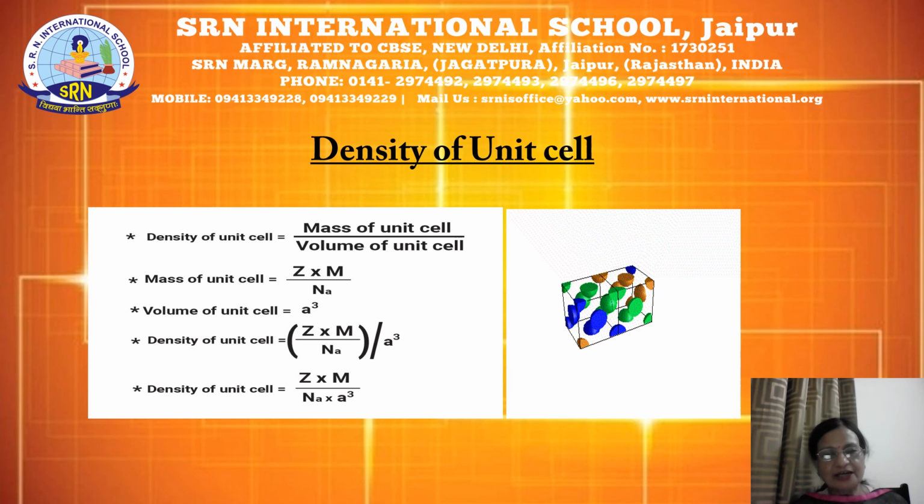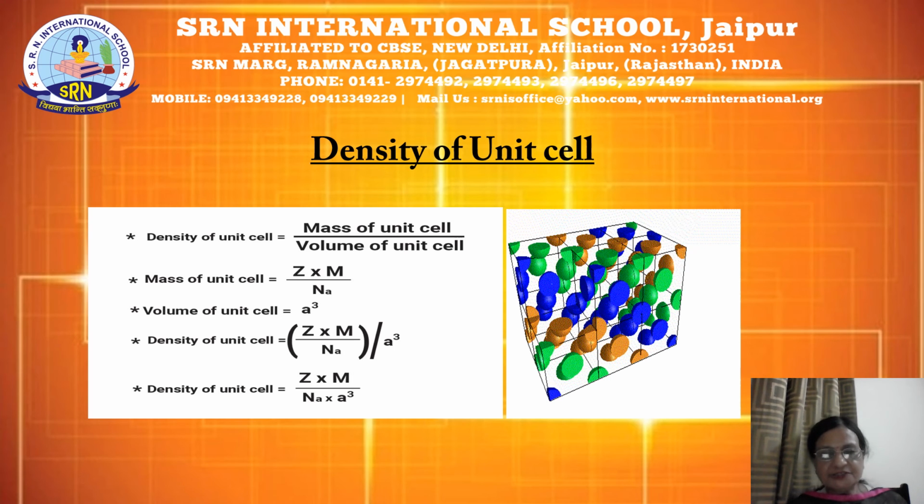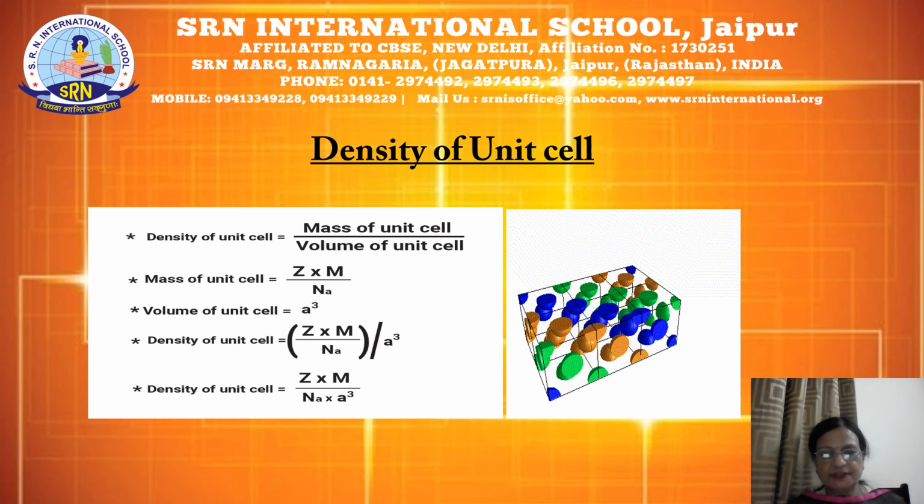So lastly we come to the density of unit cell. Density of unit cell is given by mass of unit cell upon volume of unit cell. Since the unit cell is cubic, the volume of unit cell is taken as a cubed, where a is the edge length of the unit cell.